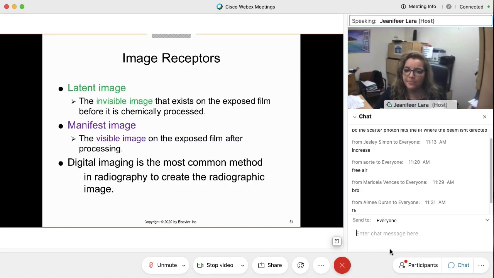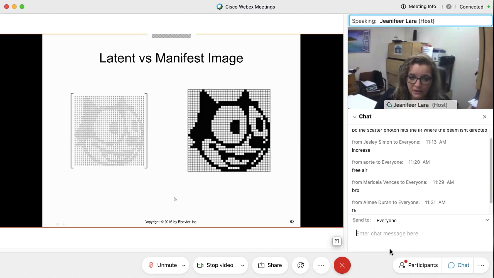Make sense? So digital imaging, which is the world we live in, is the most common method to create the radiographic image. Film is not necessarily in play anymore. Some facilities out there, but not so much. So again, the latent image is pretending to be that visible image.